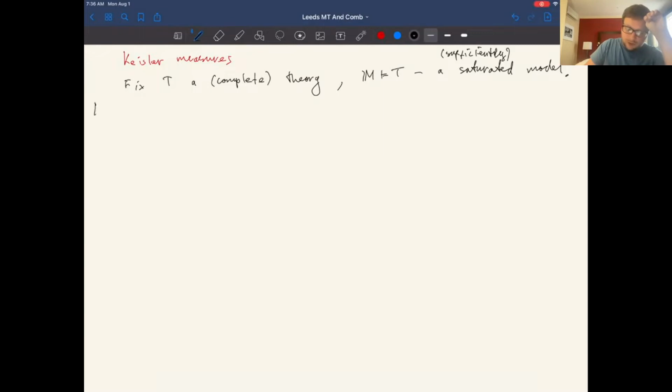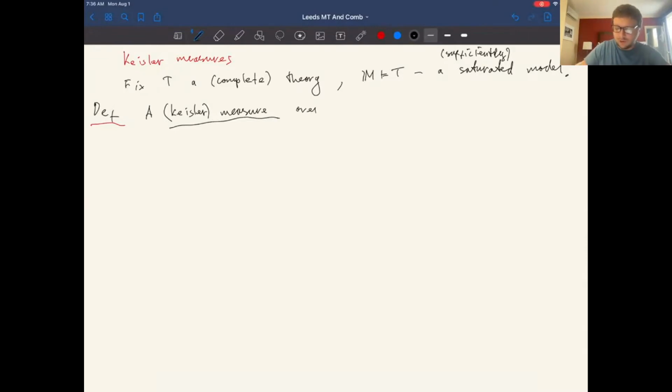Now, definition. Let's define the main object of our conversation today, Keisler measure. In the future, I might omit saying Keisler every time when there's no confusion about the context.